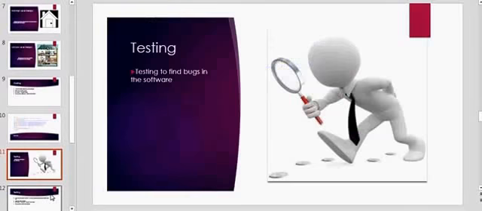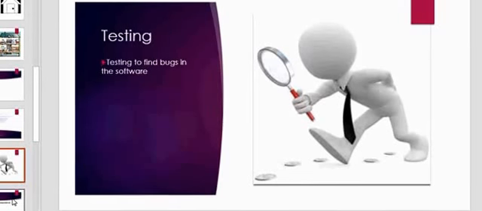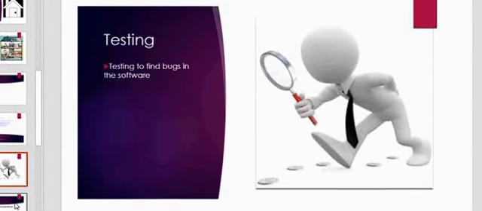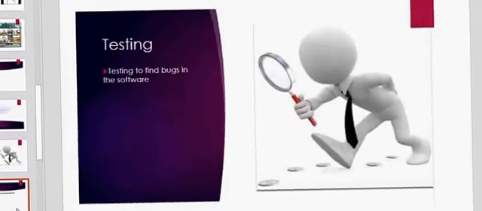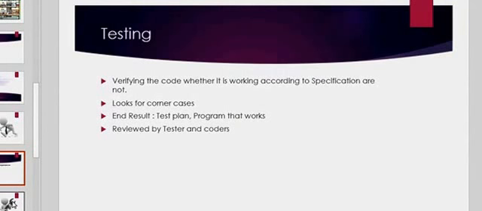Once we are done with coding, the next stage is testing. That is how the tester is able to find bugs in the software. In testing, we are verifying whether the code is running according to requirements or not.